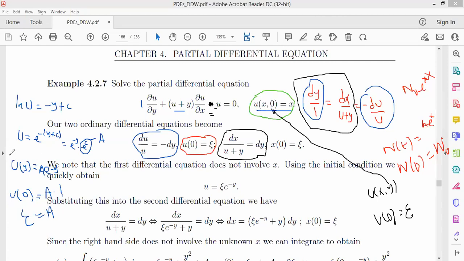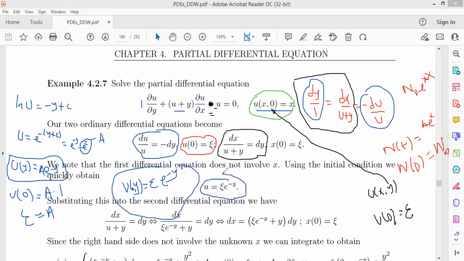So it means if I come back to substitute into this one here, I have my u as a function of both x and y, because we know u depends on both. This will be a, which is eta, then e to the minus y. And this one here is exactly what we have there.